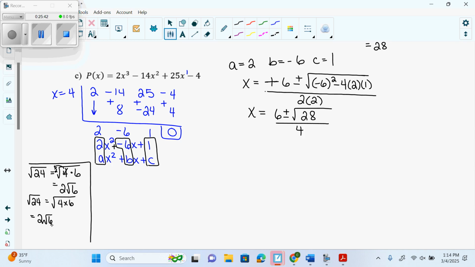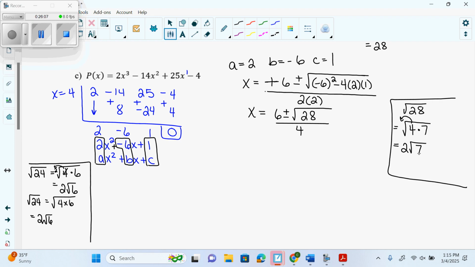Yeah? All right. So, root 28, let's caveat this one off to the side. Can I make it into any perfect squares? 4 and 7. When the 4 comes out, what does it become? 2 root 7. And then I check root 7, can I reduce it anymore?